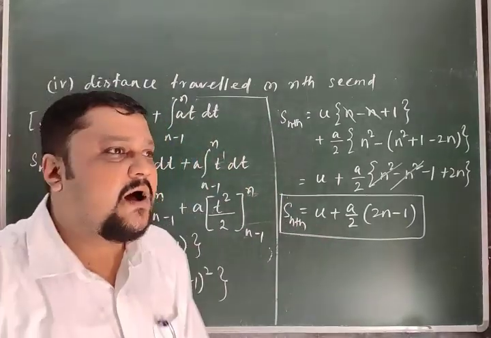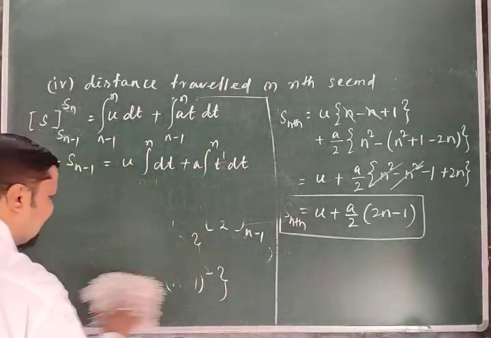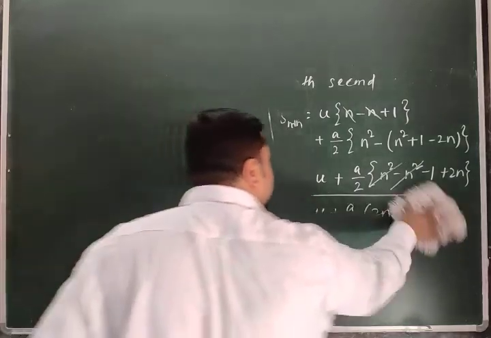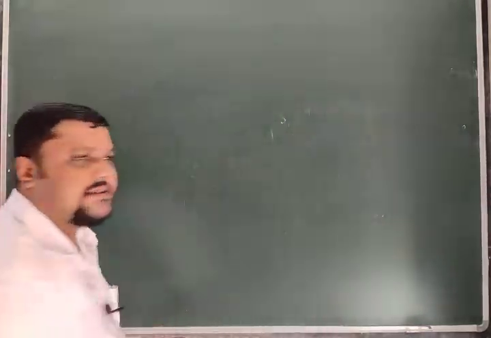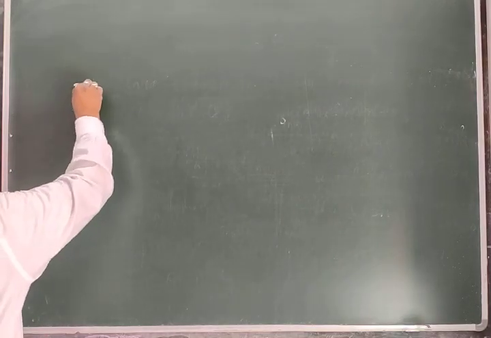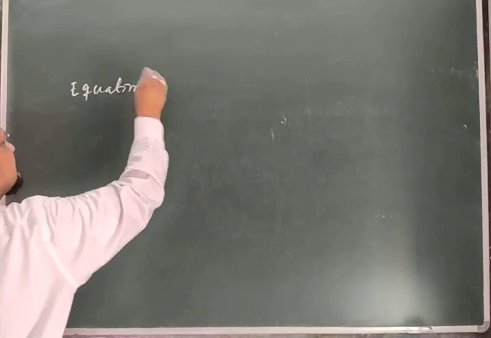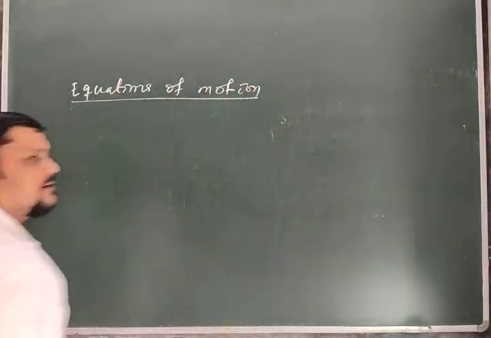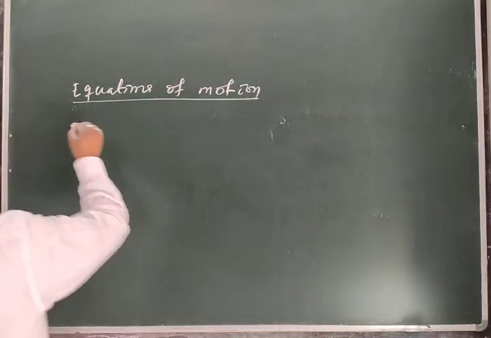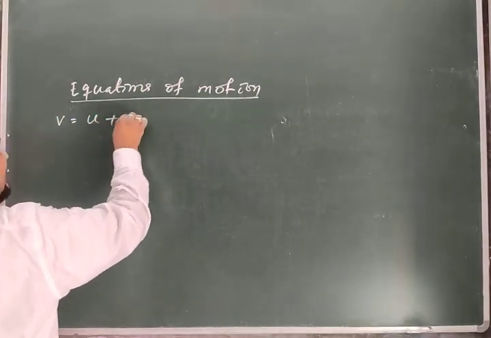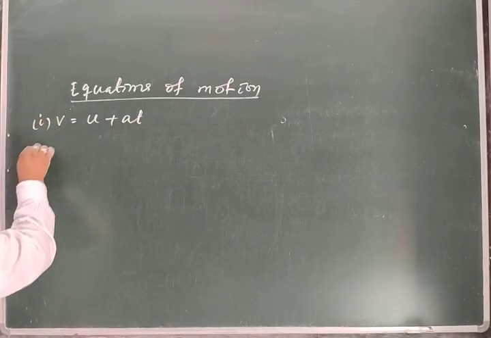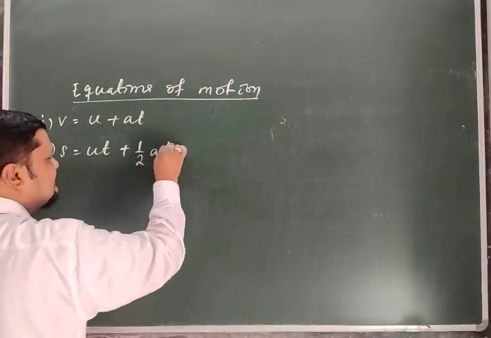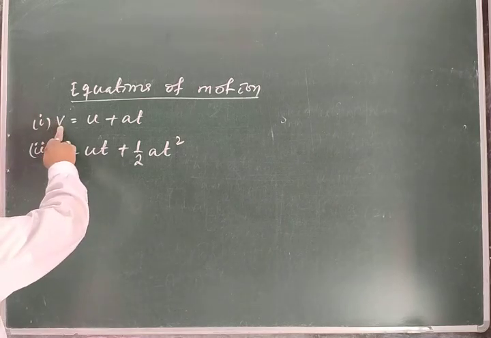So my point is that by considering uniform acceleration in a straight line, we derive the equations of kinematics. What are the equations? Let me write them in a nutshell. The equations of motion, or kinematic equations, for a uniformly accelerated body are: first, v = u + at. Second, s = ut + half at squared, the distance traveled after time t.